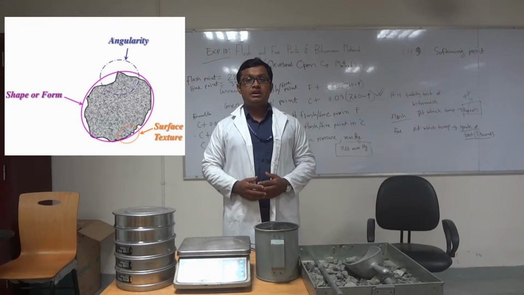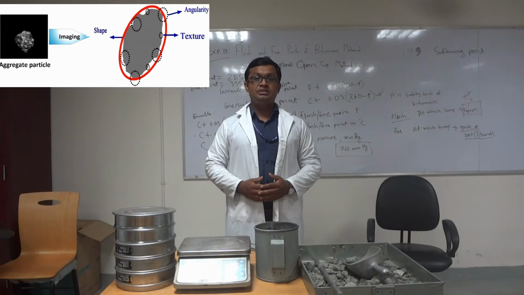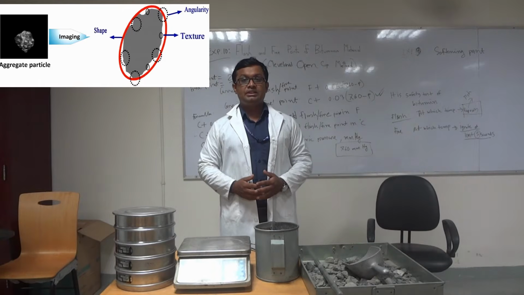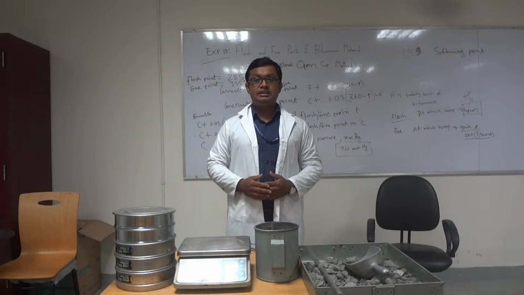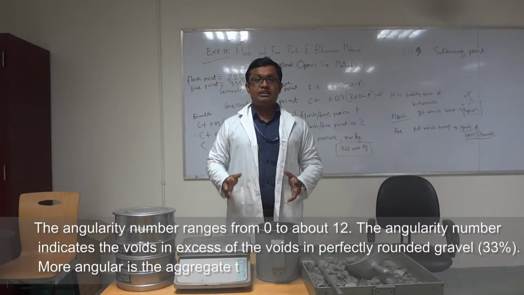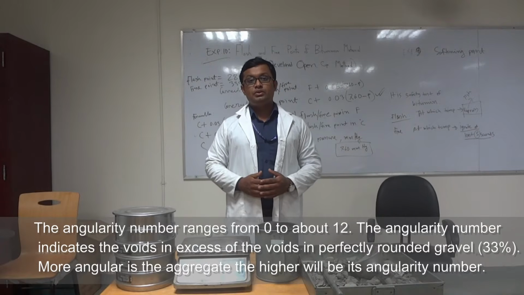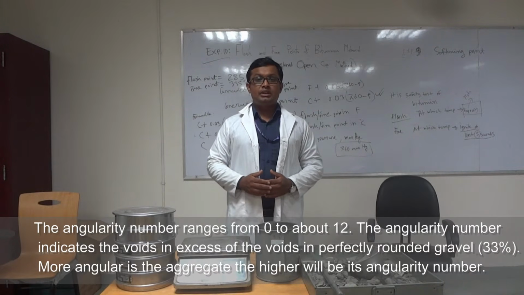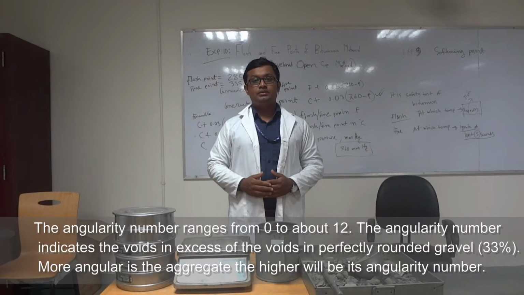The angularity number of aggregate is the whole number by which the percentage of volume of voids after compaction in the prescribed method exceeds 33, where 33 is the percentage of volume of voids in a perfectly rounded aggregate. The angularity number ranges from 0 to about 12. Angularity number 12 indicates the most angular aggregate that would be used for making concrete.